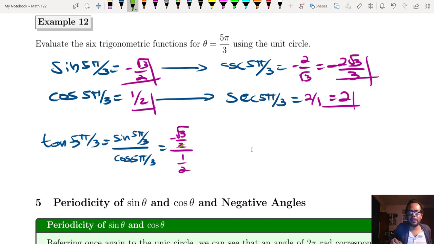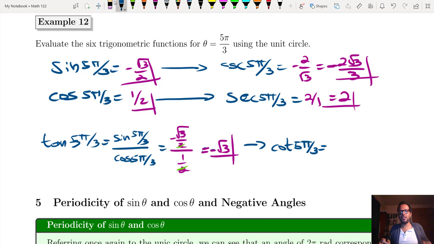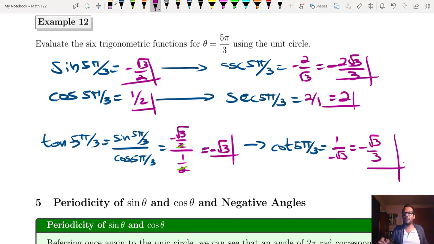Notice how we can divide out the 2's, and that's going to give us negative root of 3. Okay? And again, when we get tangent, they're automatically giving us cotangent, because cotangent is the reciprocal of tangent, right? So that's going to be 1 over negative root of 3, which is negative root of 3 over 3 after rationalizing this number. Okay, the same way we did it on the previous page.